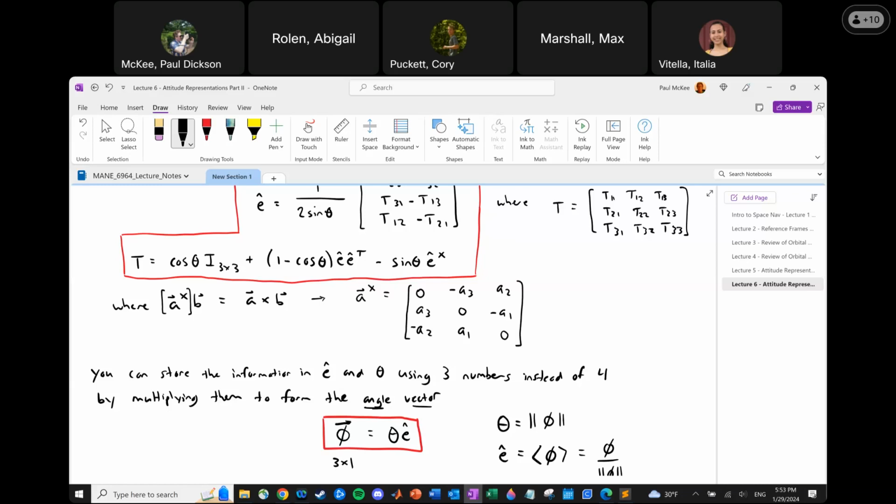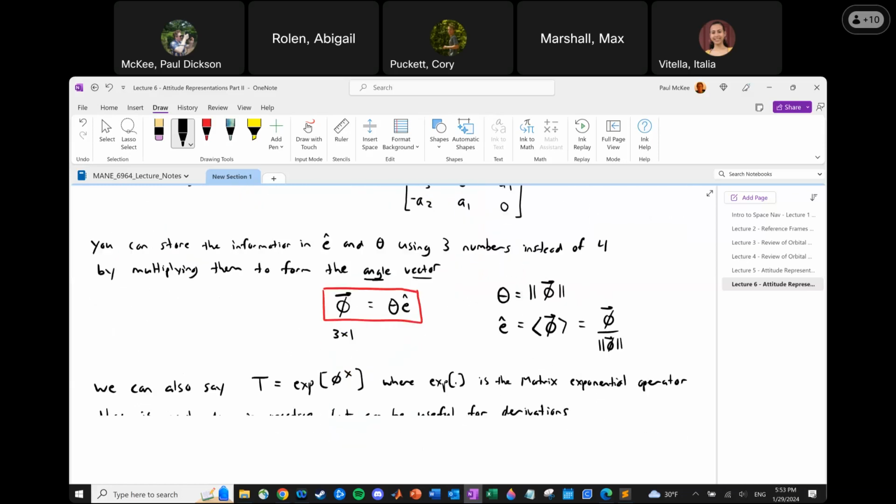Because it's an angle vector. Let's clear that up. Vector, vector, vector, and vector. There we go. So maybe I'll tidy that up in my notes here because that's a little bit more clear. I like to use the little top arrow when we're talking about a vector here. Great. So that is Euler axis, Euler angle, and angle vectors.